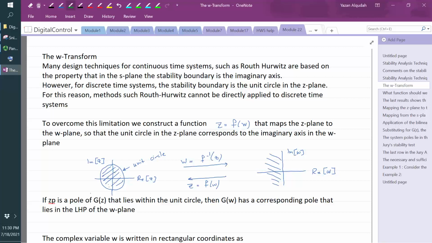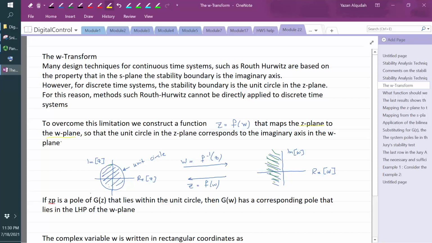What if I come to my discrete time system and find a way to transform the locations that are within the unit circle so that they map to the left half plane, and the poles that are outside the unit circle map to the right half plane. So basically, I'm going to introduce a new mapping that will map the Z plane into a W plane.